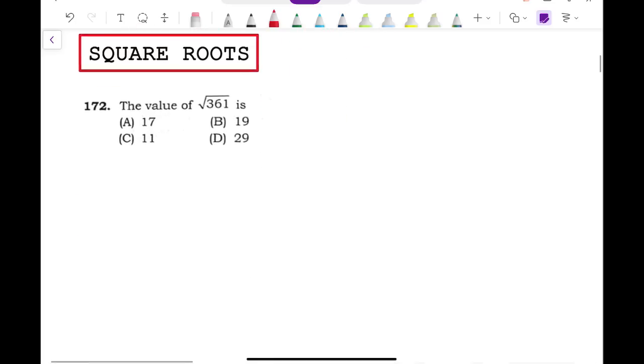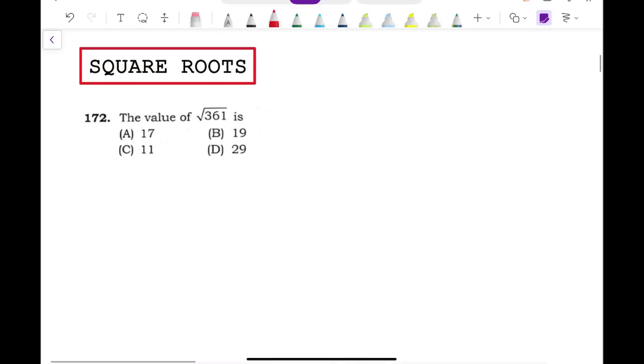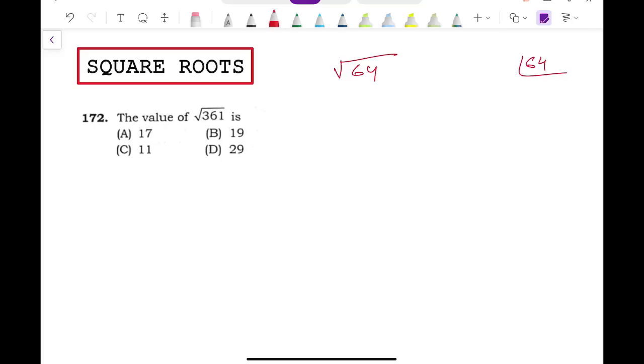Okay, if you are asked to find a square root, let me use 64. How can I find the factors of this one? 64, I'll just start with 2. 2 threes are 6, 2 twos are 4, 2 ones are 2, 2 sixes are 12, 2 eights are 16, 2 fours are 8, 2 twos are 4.